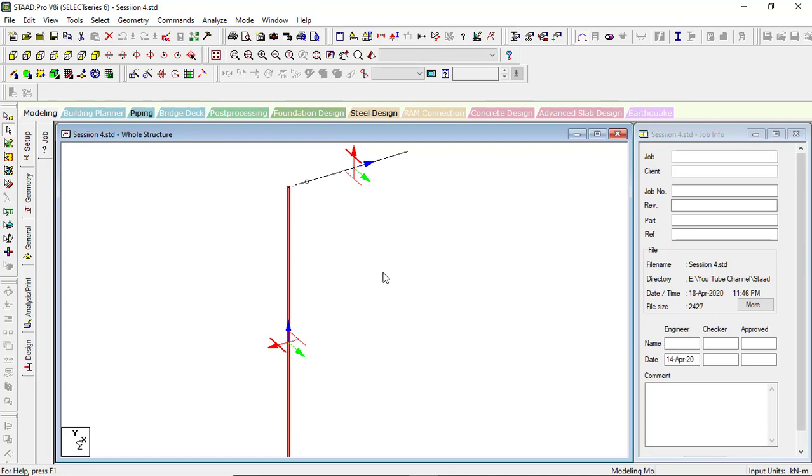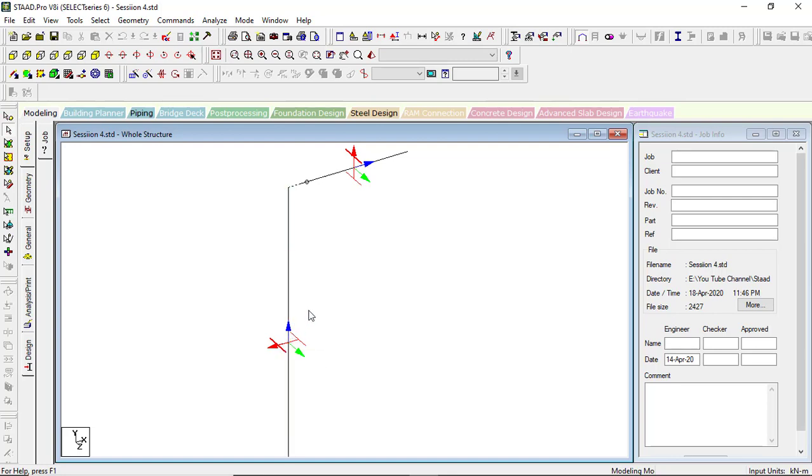One more thing I can conclude from this is you can see here green axis is coming out, and here also green axis is coming out of the member. Suppose I talk about this column, for how to identify major axis and minor axis: this blue axis is my torsional axis.